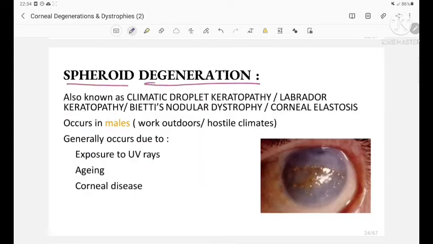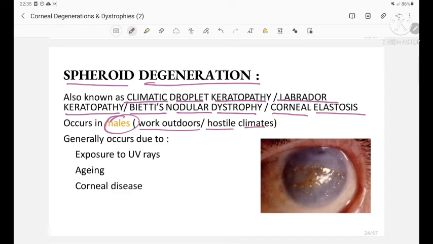Next is spheroid degeneration. This is also known as climatic droplet keratopathy or Labrador keratopathy or Bietti's nodular dystrophy, or also known as corneal elastosis. This occurs in males who mostly work outdoors or are seen in hostile climates.